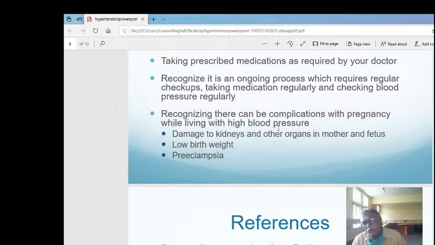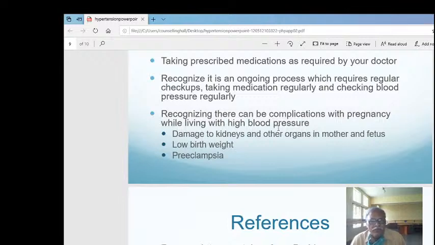So these are the Korotkov sounds that one should be very cautious about, and the personnel who are examining is also very essential in recording the blood pressure.